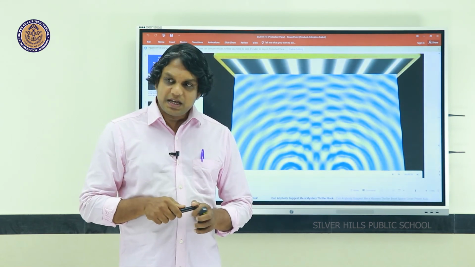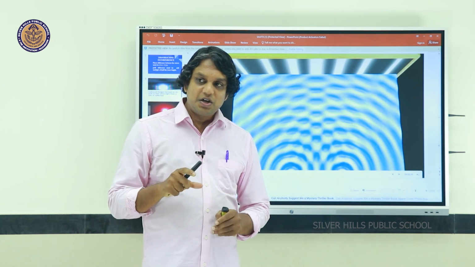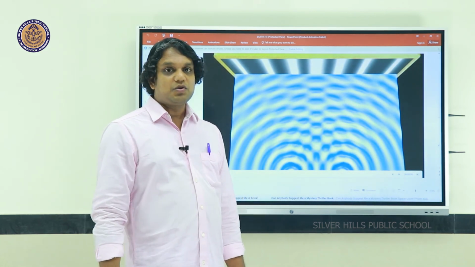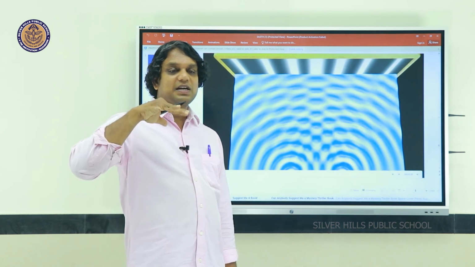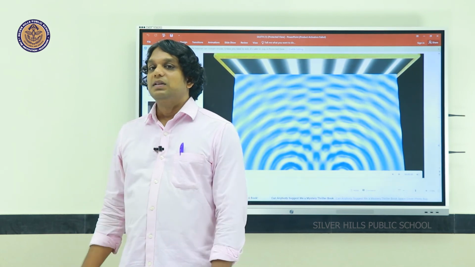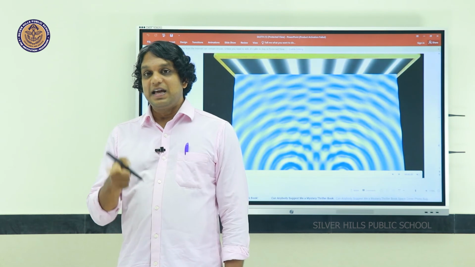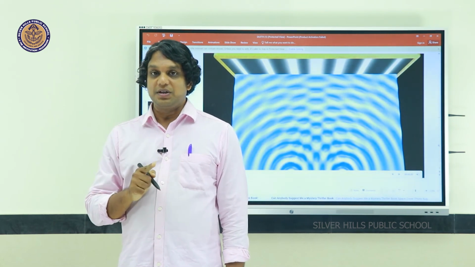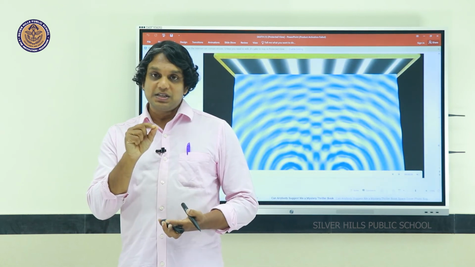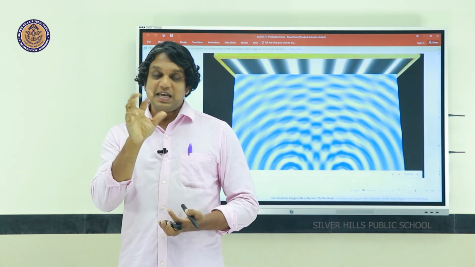But I cannot assure the condition of sustained interference, because we know that when a crest from one wave is reaching a point, at the same time the other source should send a crest to the same point. So, crests from two different sources should reach that particular point at the same time.